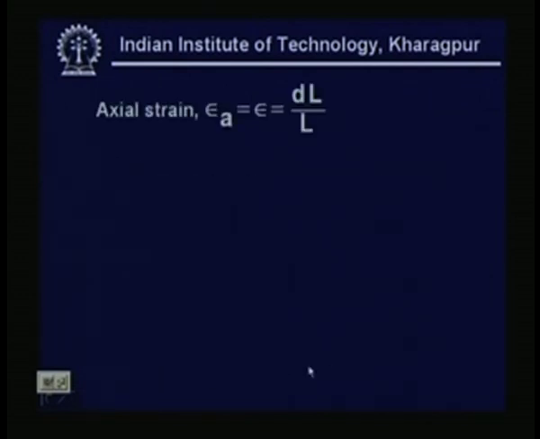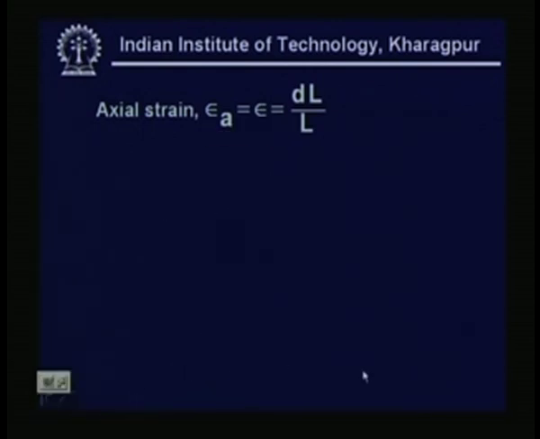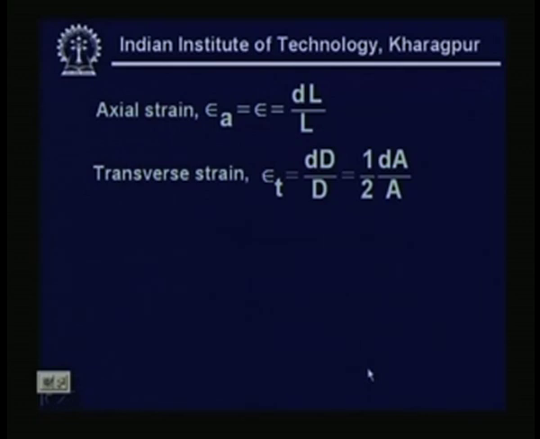Now, see, the axial strain we have defined as epsilon A equal to epsilon equal to dL by L. The transverse strain we have defined as epsilon T equal to dd by d, which if you take the derivative will become 1 by 2 times dA by A, where A is the area of the cross section of the strain gauge.